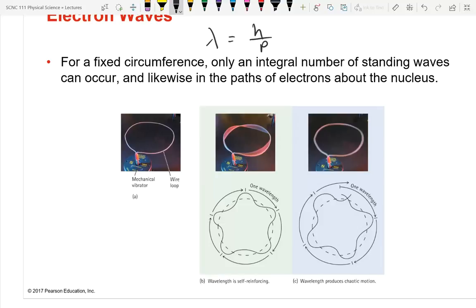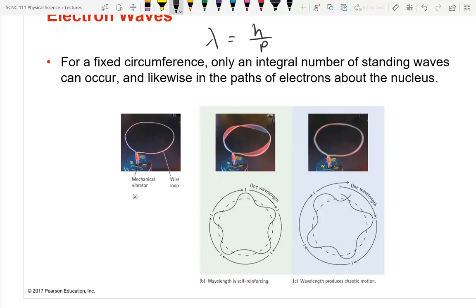But his theory saying that electrons going around the nucleus have a wavelength actually exactly matched the outcome of Bohr's model if you said that the electrons are making a complete number of cycles as they go around.